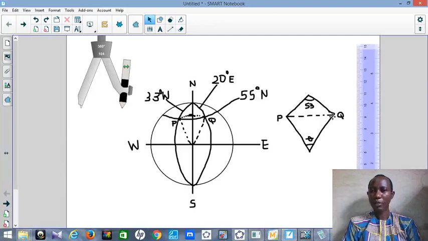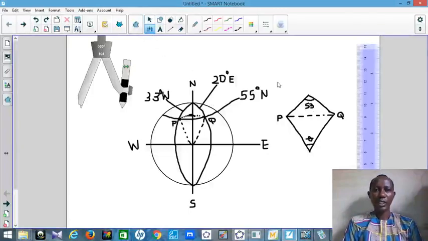To get the length of chord PQ, it will be equal on both sides. That is all we are doing. The length of chord PQ will be equal to the length of chord PQ there. Then take note, this length is small r, the small radius.